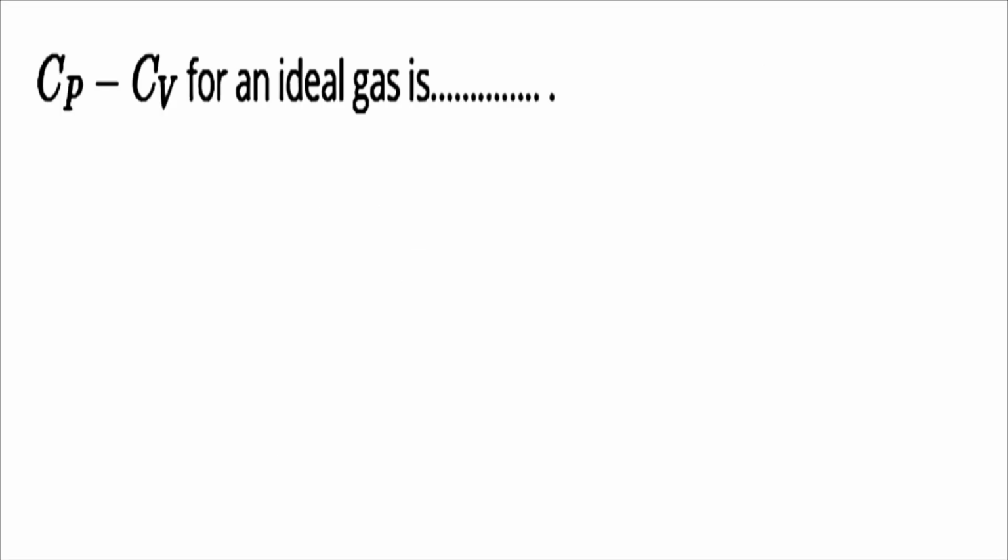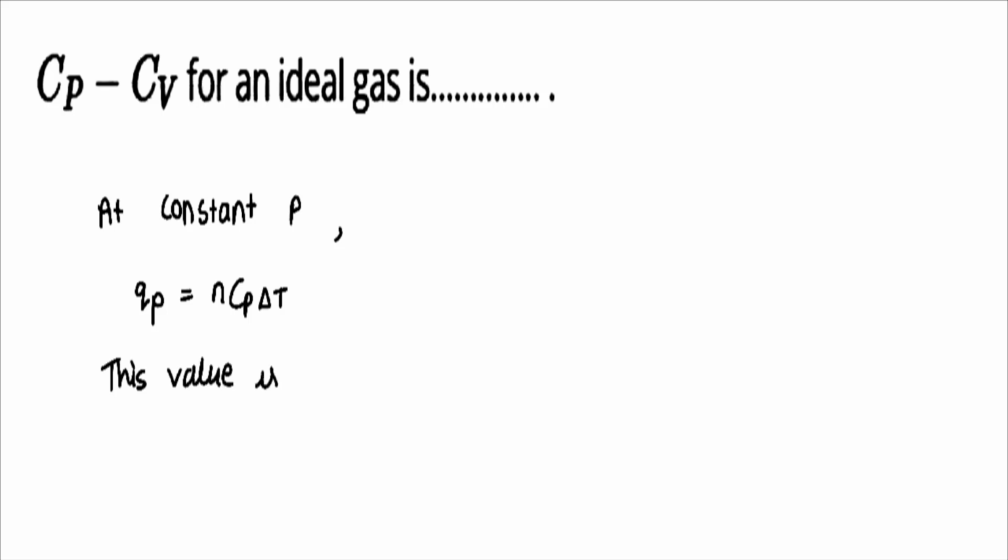Hello, the given question is that Cp minus Cv for an ideal gas is, okay. So here we have a fill in the blanks: Cp minus Cv is equal to what. So we know that at constant pressure, the heat given, that is Qp, is equal to nCp into delta T. Also this value is equal to the change in enthalpy.